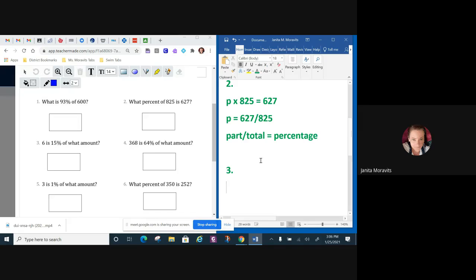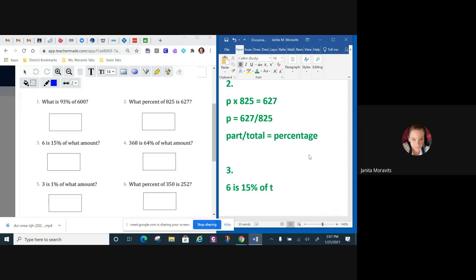This time on number 3, it says 6 is 15% of, we don't know what the total is. We're going to put T for total. It's 15% of T, the total.